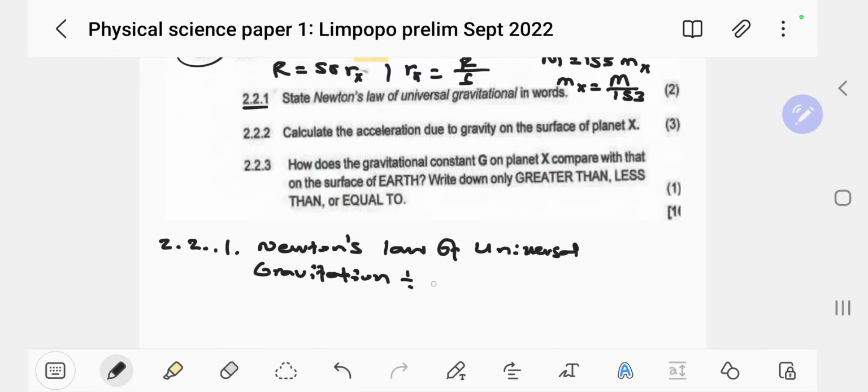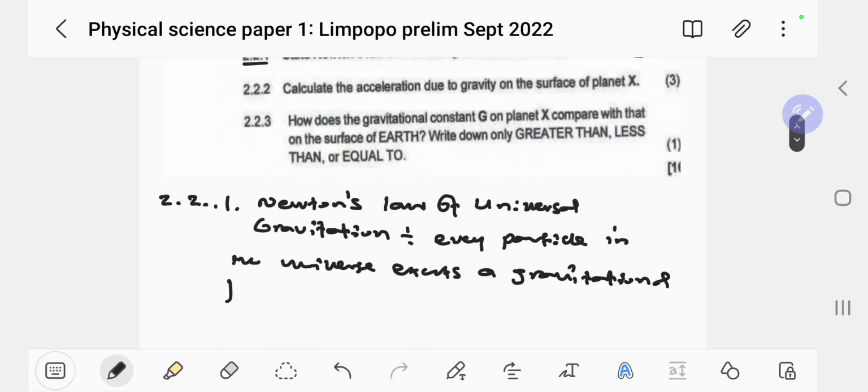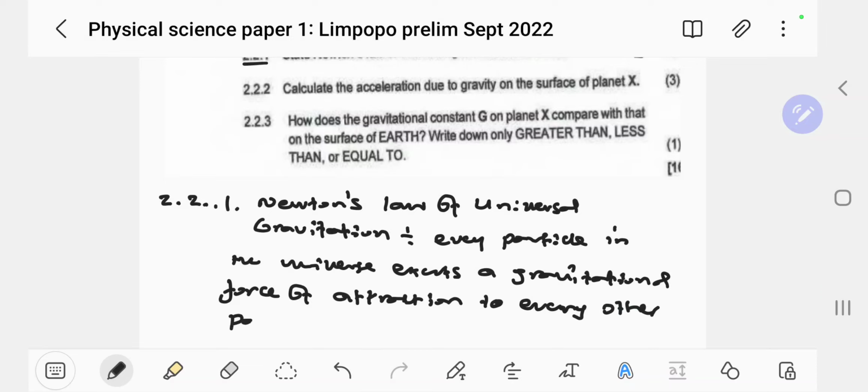Well, it says every particle in the universe, okay, exerts a gravitational force of attraction to every other particle, okay? So what do we know?